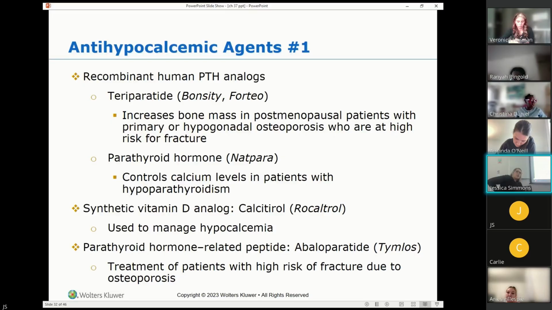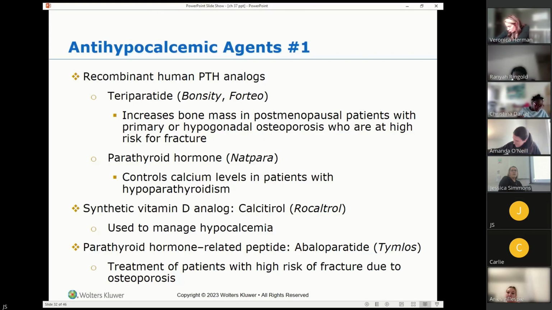I do, however, would like you to know what calcitrol is, and it is synthetic vitamin D, which is used to manage hypocalcemia. Calcitrol is a very common medication, especially in our older adults.